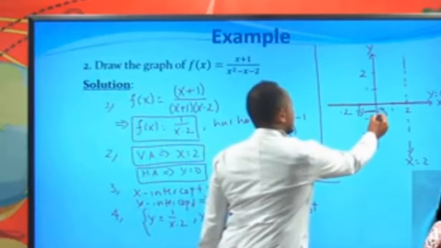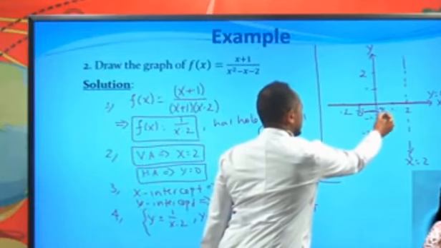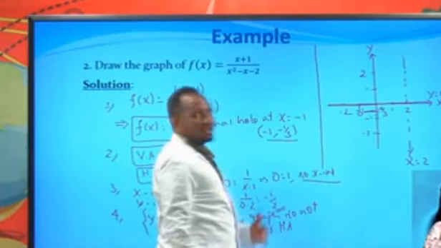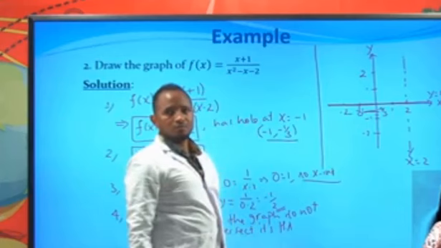Okay, again, when x approaches 2 from the left side, that means almost 1.999. If you take 1.99 minus 2, you'll have a small negative number. 1 divided by a very small negative number gives you negative infinity.